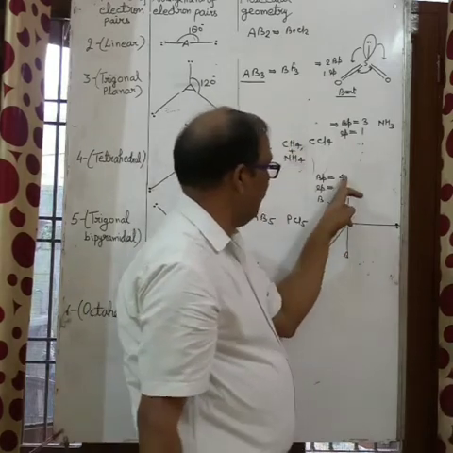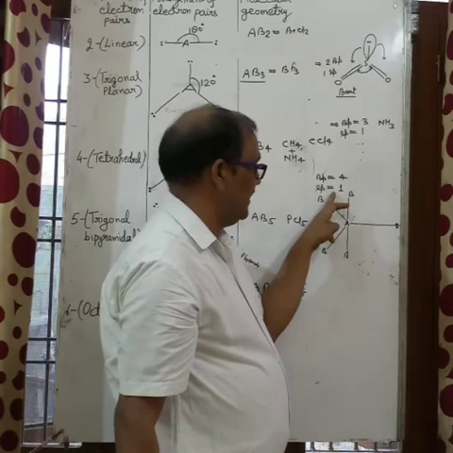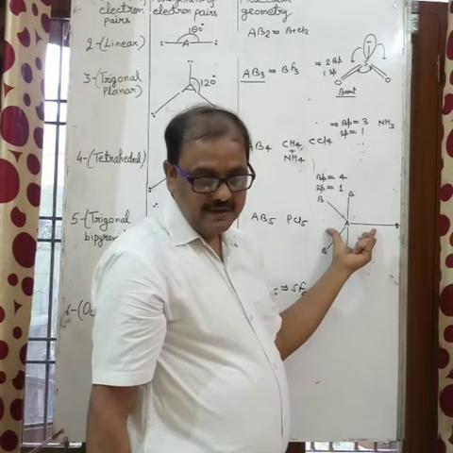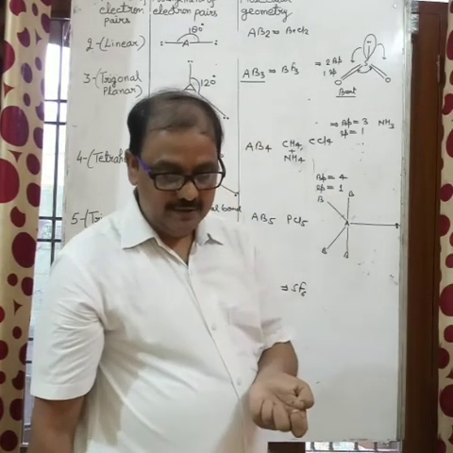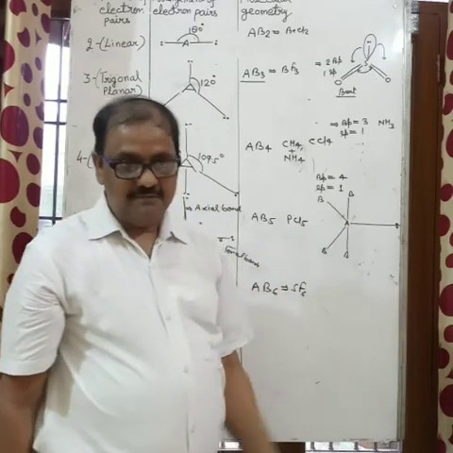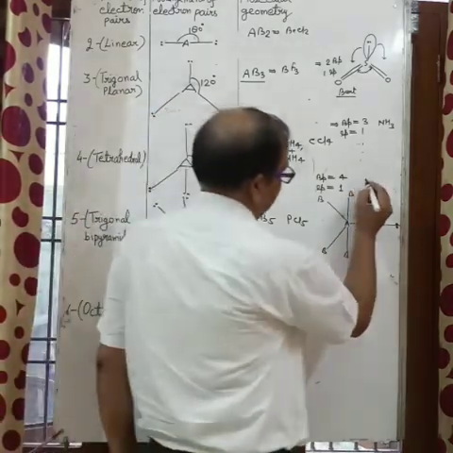So if 4 pairs of electrons and 1 lone pair of electrons, the geometry or shape of the molecule will be seesaw.